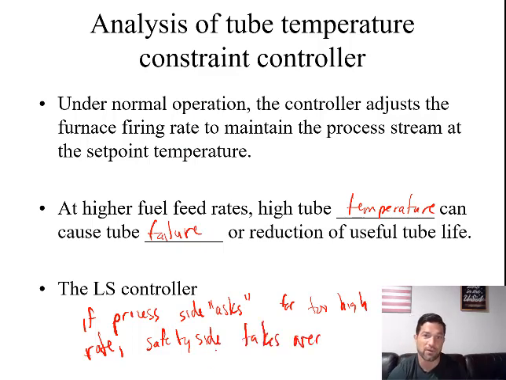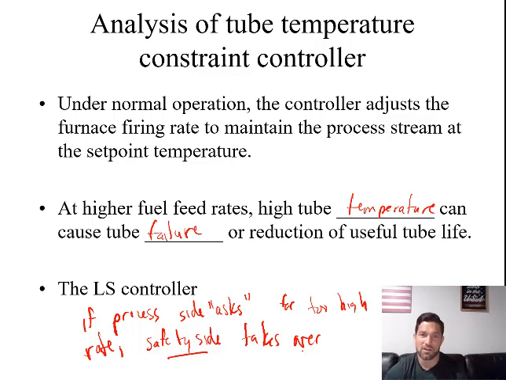Right. In other words, the process is at its constraint, and now the safety side will have a lower set point to the flow controller than the process stream set point side. Therefore, the lower select controller will run based on the safety constraint side. And again, that side will be keeping the tubes at their maximum temperature value.